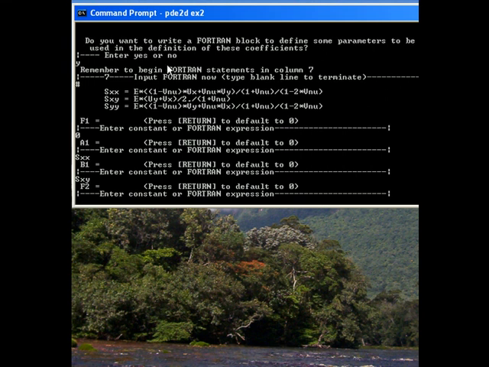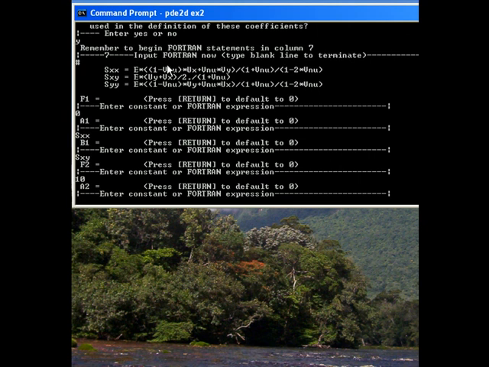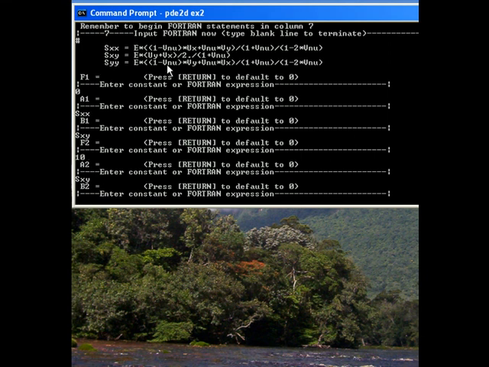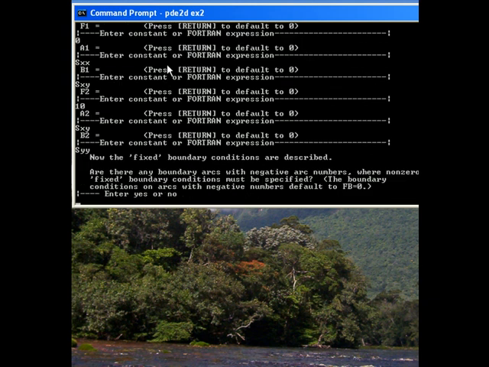F2 was 10. And A2 is syx, which is the same as sxy. I'll put that in again. And syy is B2, and that takes care of the partial differential equations. It's very simple for the Galerkin method, simpler than it is for collocation.